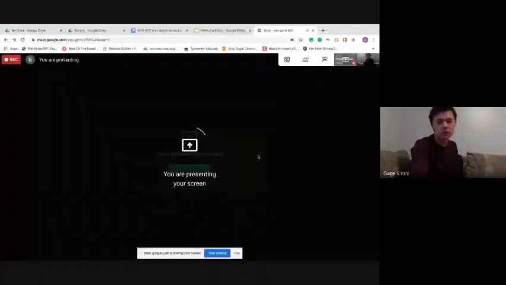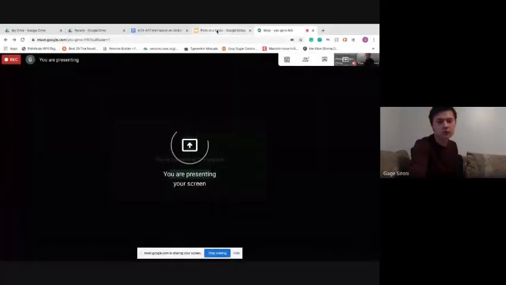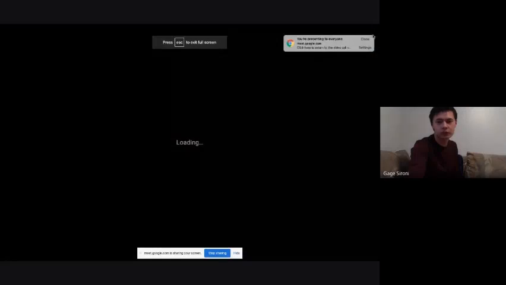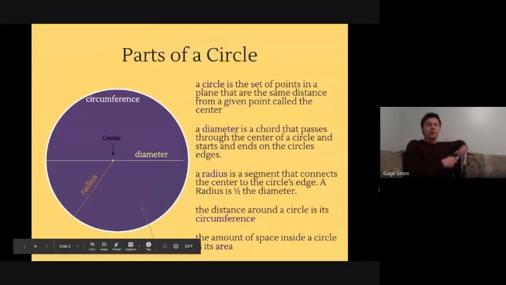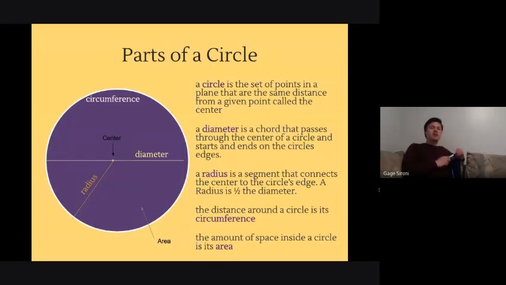Today we're going to talk about radius and diameter of circles. So we got parts of a circle. A circle is a set of points in a plane that are the same distance from a given point called the center.